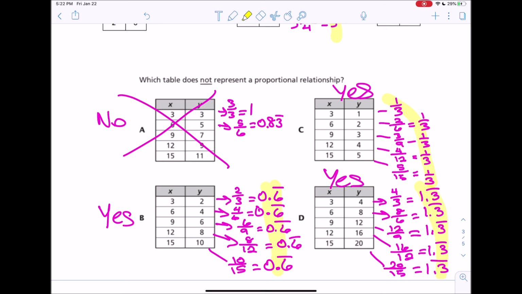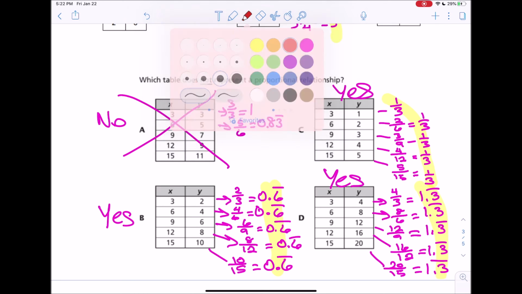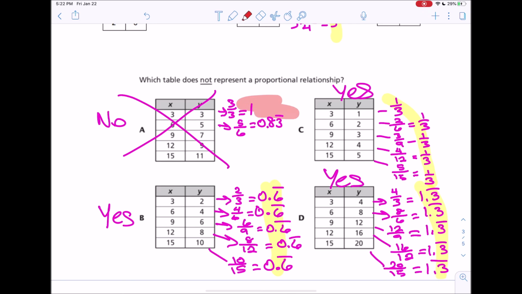And if they don't, like right here, then they are not proportional. All right? So that's how you determine if in a table, the y has a proportional relationship to the x. That's how you can tell if your table is proportional or not, if y is proportional to x.